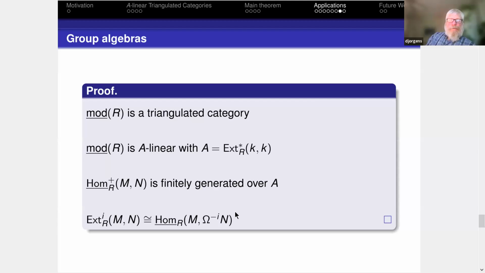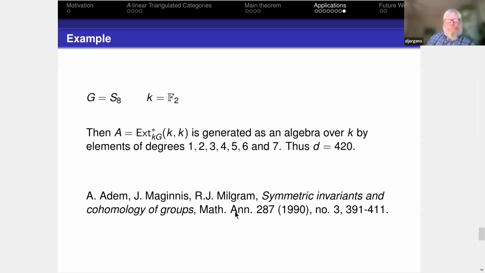Well, that's basically the program. I had one specific example I could illustrate for the last application. So take the group S8, the symmetric group on 8 letters, and take the field to be the field of 2 elements, F2.